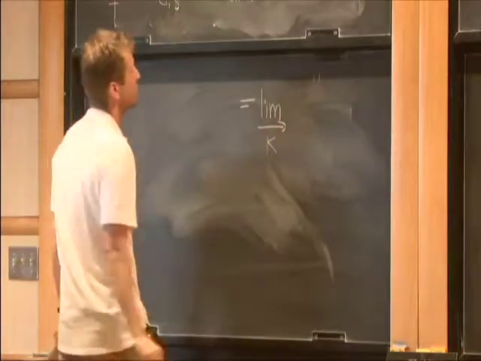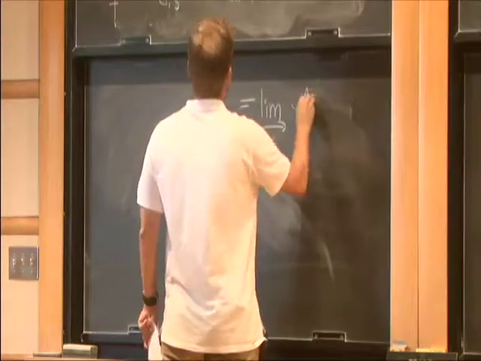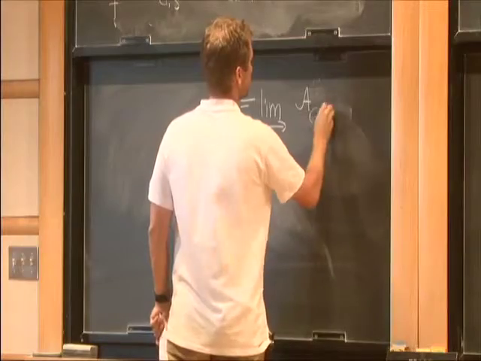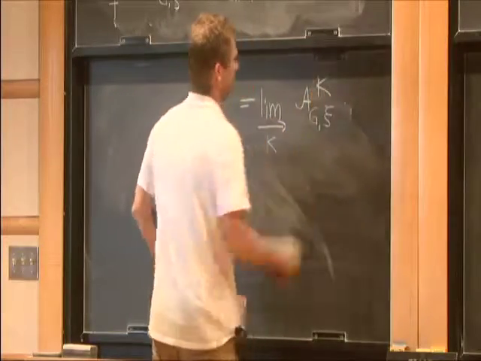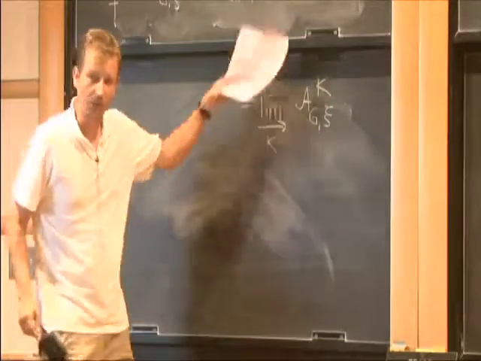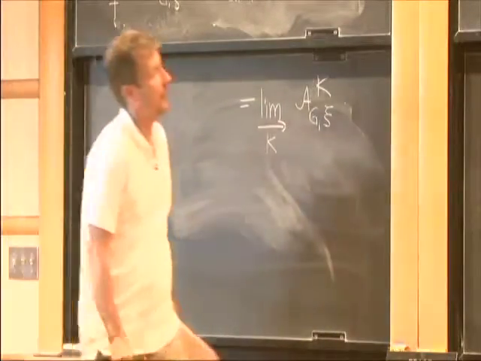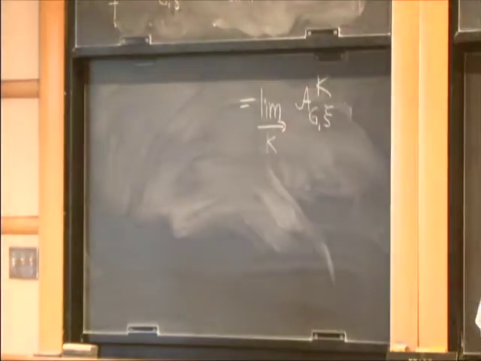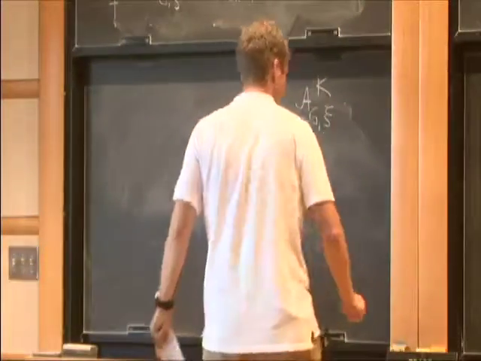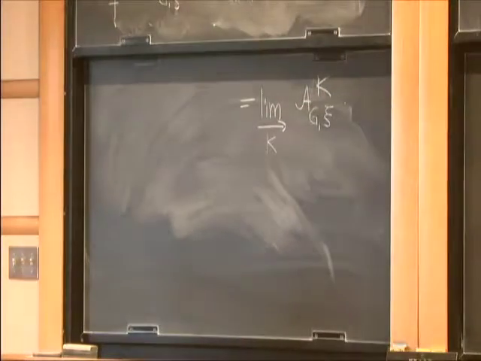over compact open subgroups, and then A G psi K. This is just a space of modular forms on that group. And then using that isomorphism, which is lurking in the background, you can think of these as p-adic modular forms.